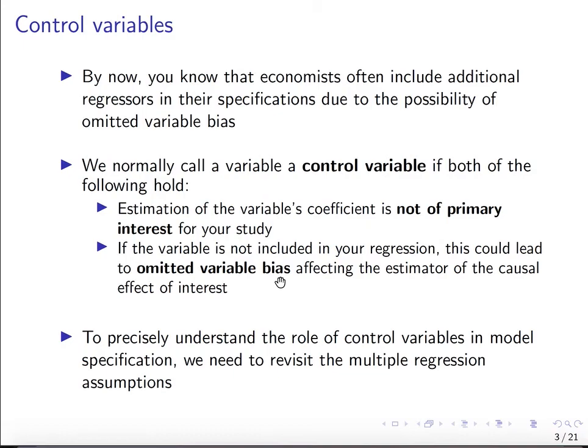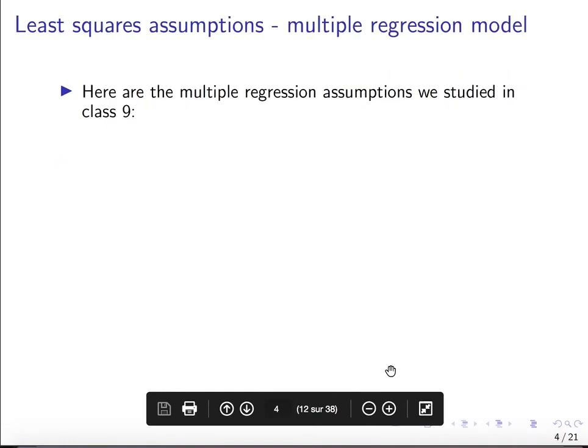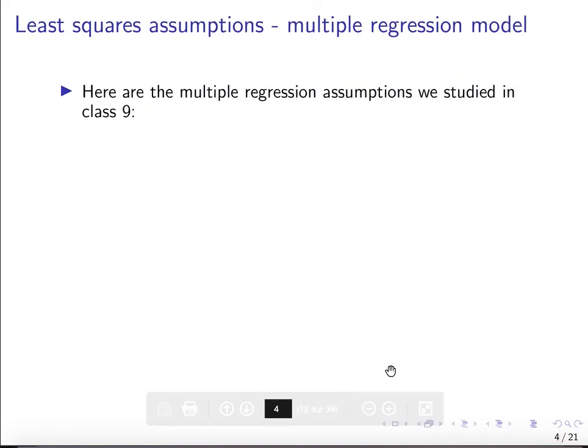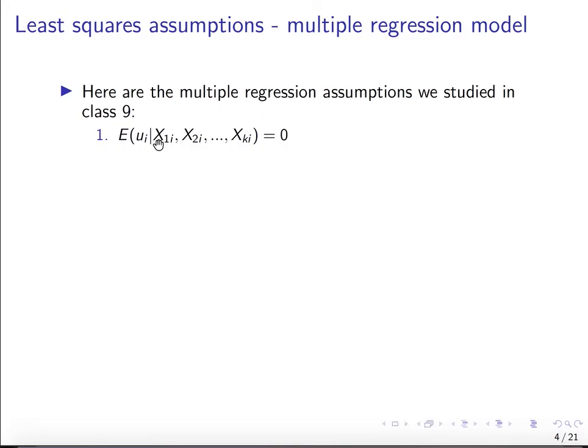So that's precisely what we're going to do here: understand the role of those control variables and what they mean for the multiple regression assumptions. Remember in class 9, the very beginning of the multiple regression talk, we said we can extend the assumptions from the simple regression model by first extending the conditional mean assumption to be true for all x's.